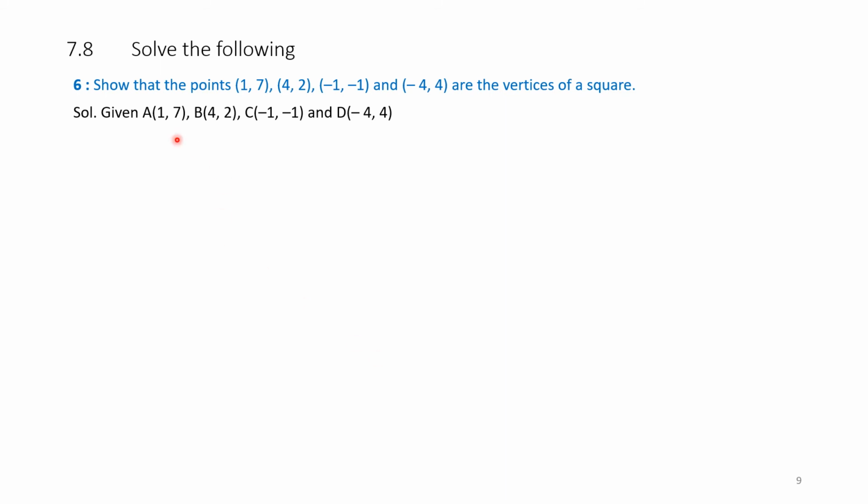So A is (1, 7), B is (4, 2), and C and D are given. See the figure here, this is a square. If we want to prove that it is a square, we have to prove AB is equal to DC is equal to BC is equal to AD.